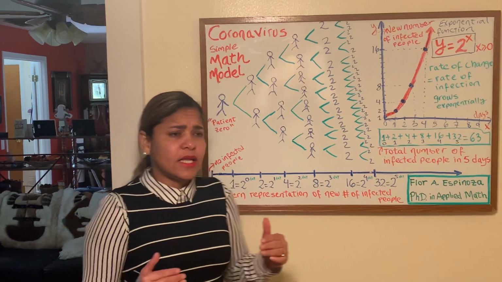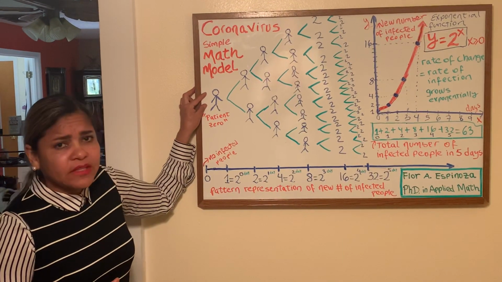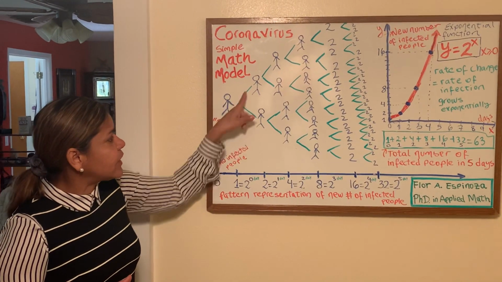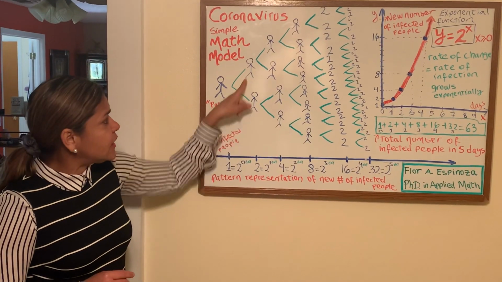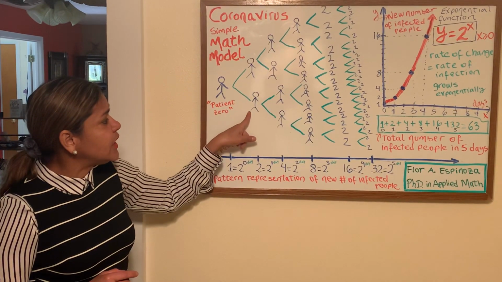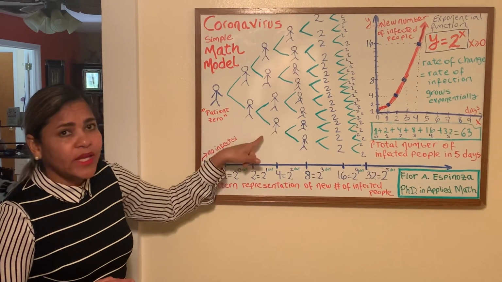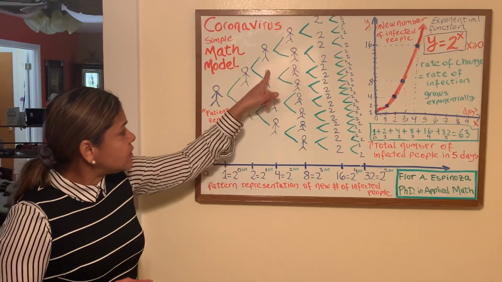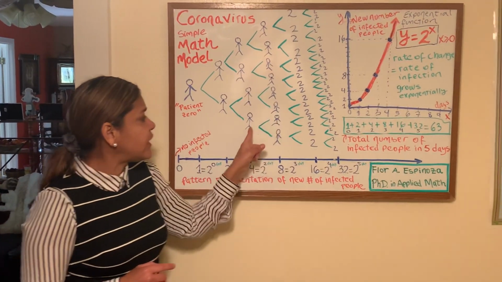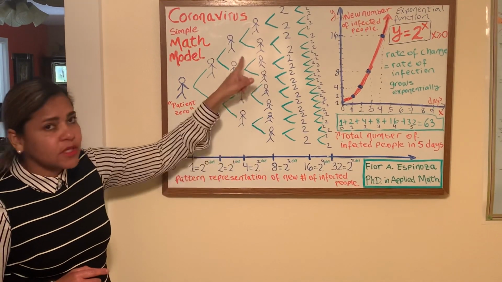So now, let's suppose that this infected person gets to infect 2 people. And these 2 new infected people get to infect 2 people each. And these new 4 infected people get to infect 4 people each.